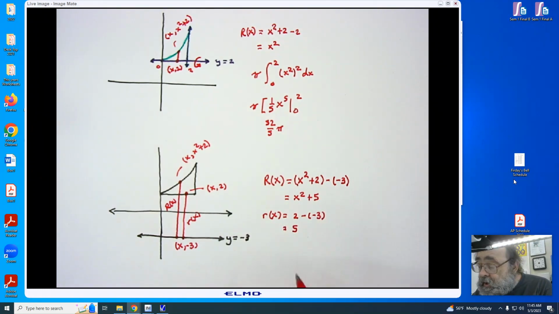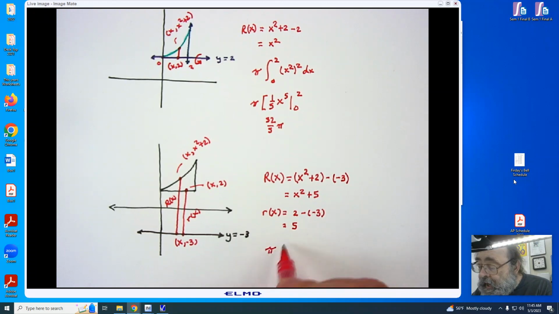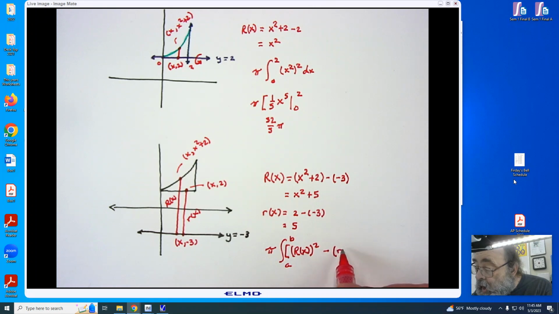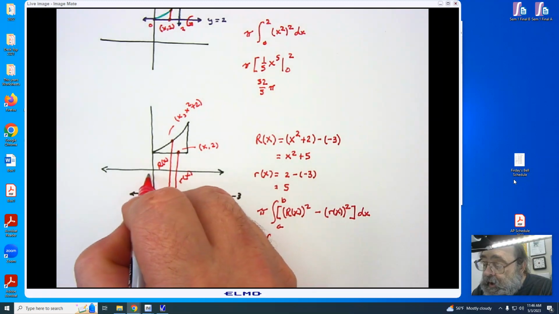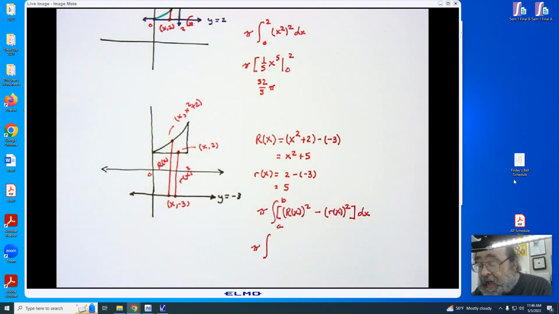We're now going to put it into our formula. Pi integration a to b of capital R of x, the quantity squared, minus small r of x, the quantity squared. So if we put this together, we have pi integration. We're still going from 0 to 2. That hasn't changed.